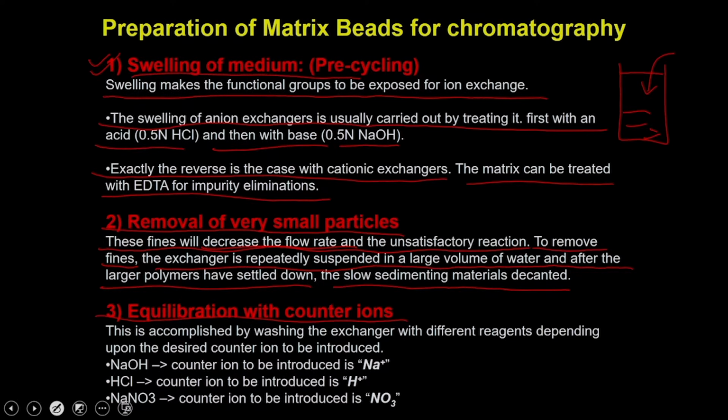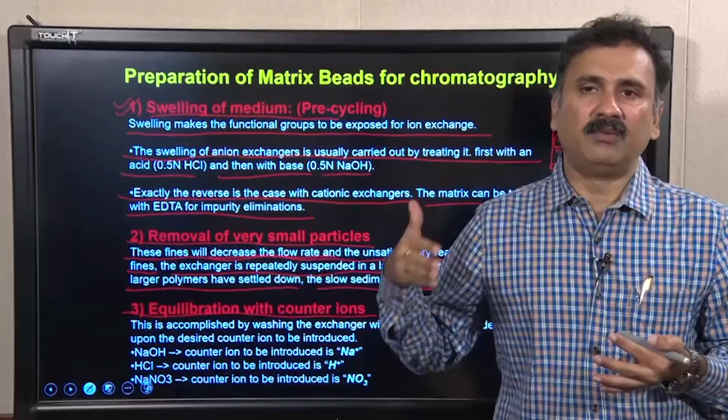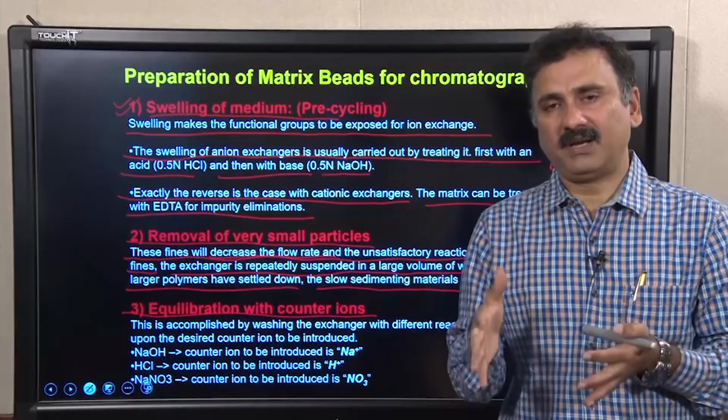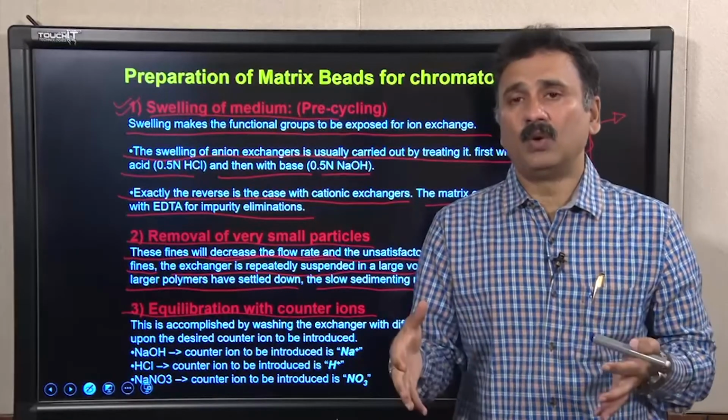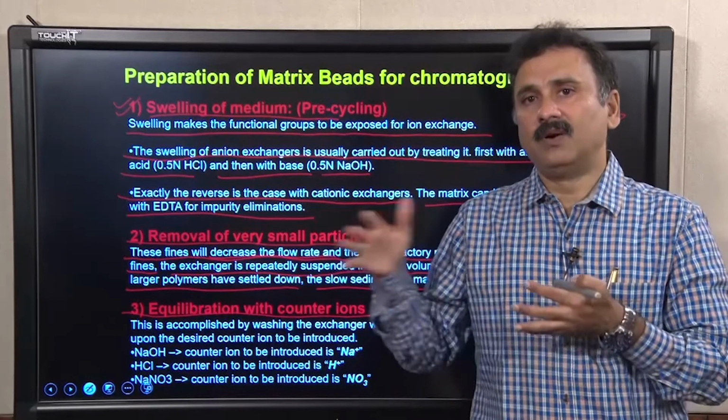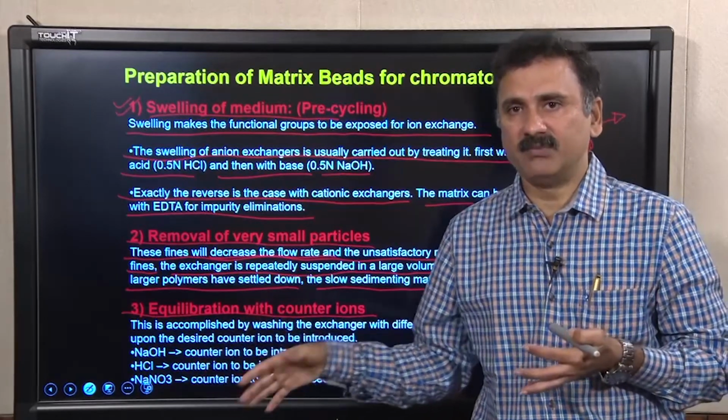Because the matrix particles are heavy, they settle down first, whereas the fine particles remain in the solution. You decant these small particles and repeat this 4 or 5 times, which removes the fine particles from the matrix, and that is how your matrix becomes purer and more useful for further downstream applications.